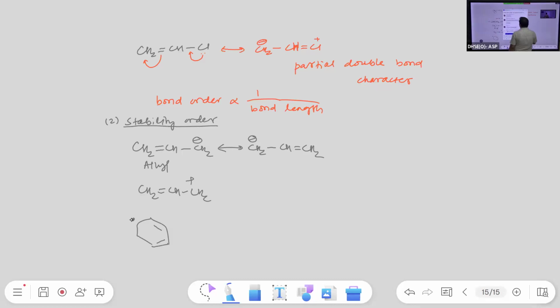Okay, wait. Note down. Draw the resonant structures.